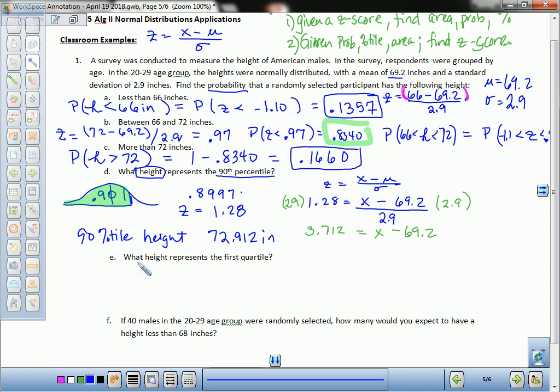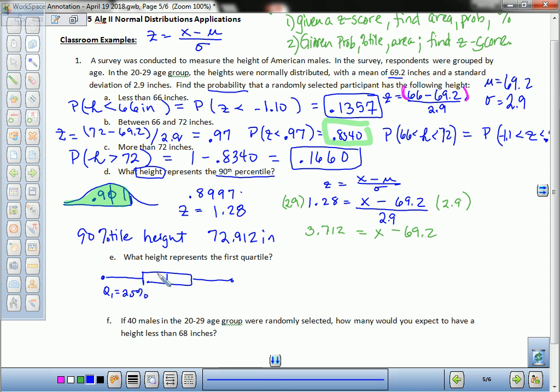Now, this one: what height represents the first quartile? It didn't give us a number, but we've heard about quartiles before. When did we talk about quartiles? Box plots. When we had a box plot, the first quartile was that first 25% of the data, right?